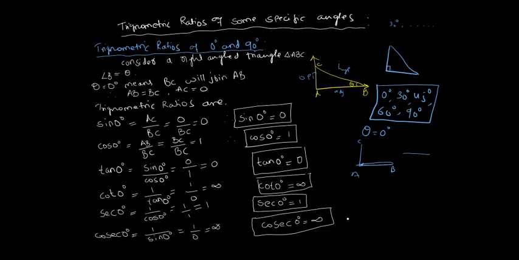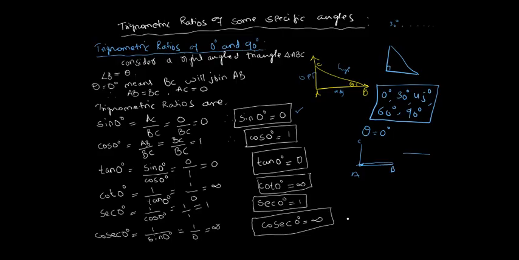So opposite is 0, hypotenuse BC, 0 by anything will become 0. Therefore sin 0 equal to 0. That is sin 0 degree equal to 0. Next, cos 0 degree equal to, we will define cos as adjacent by hypotenuse.